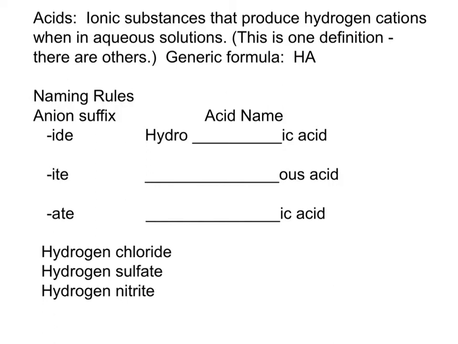So if we have the compound hydrogen chloride, you should know enough about ionic compounds to be able to rewrite that as HCl, which when it is dissolved in water, when it is aqueous, makes, of course, probably the best known acid of all.